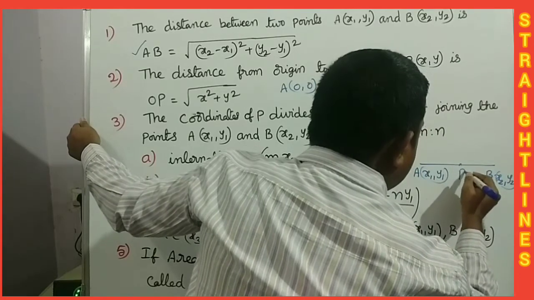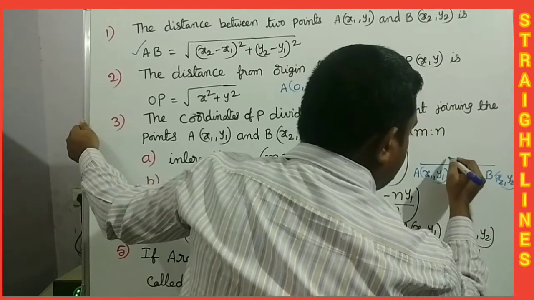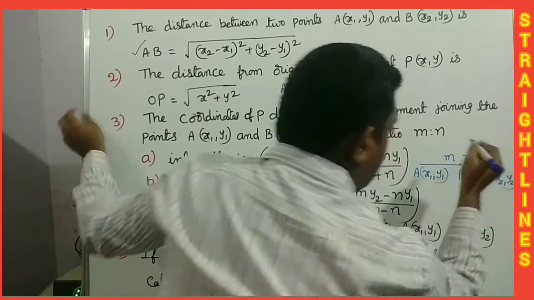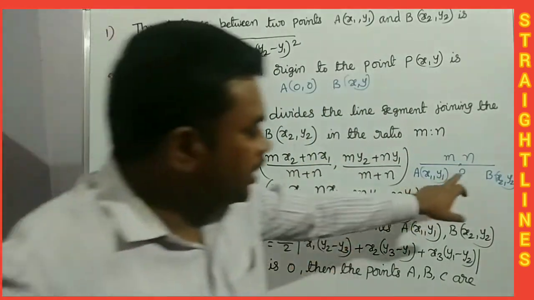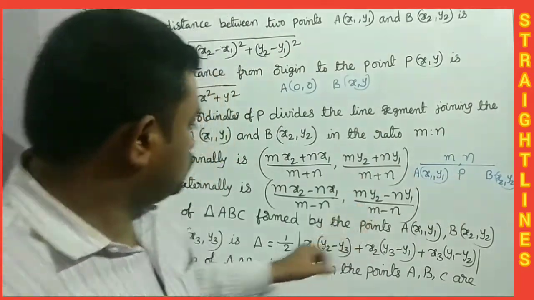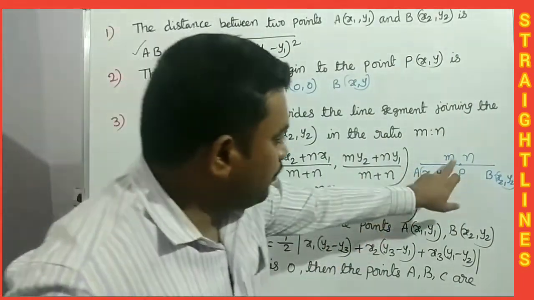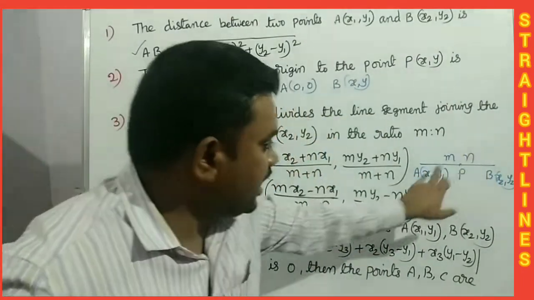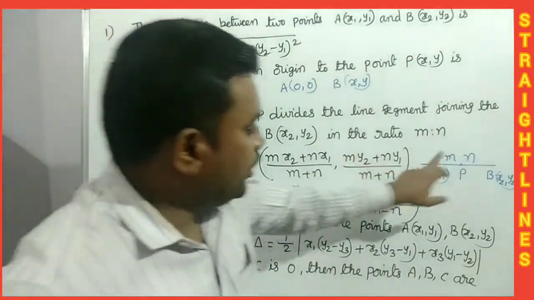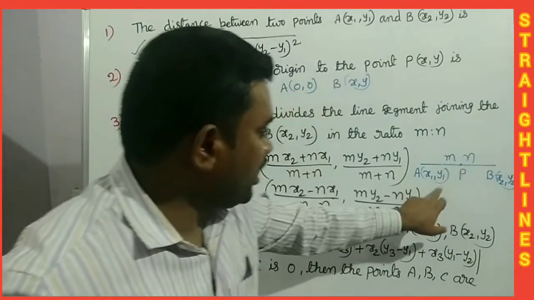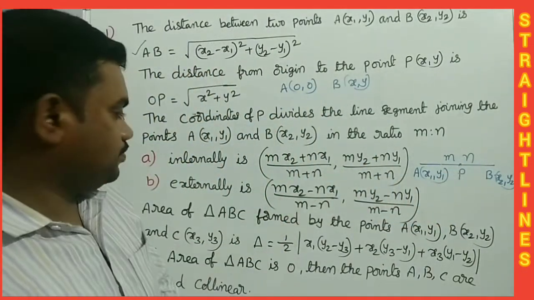Then P divides AB in the ratio m:n. Here P divides internally, so the coordinates of P are ((m x2 plus n x1) by (m plus n), (m y2 plus n y1) by (m plus n)).